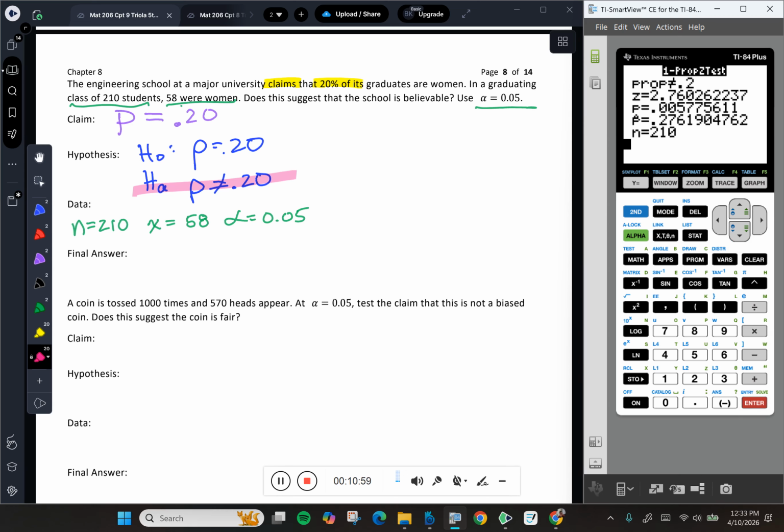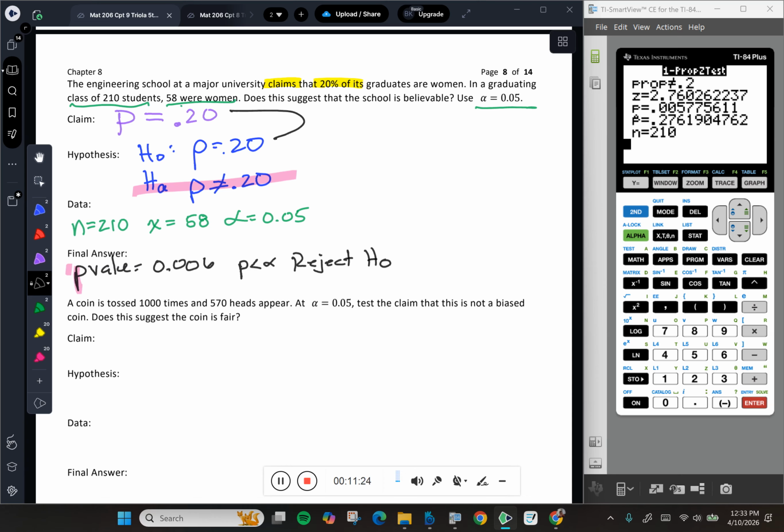And I get that my p-value is 0.006. That means that p is way less than alpha. And when p is less than alpha, we reject the null.